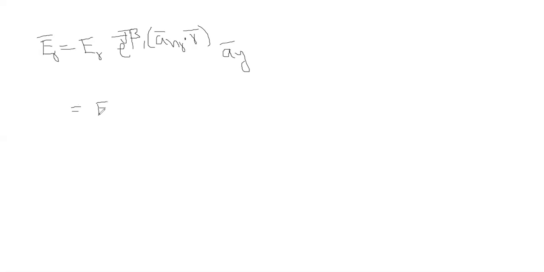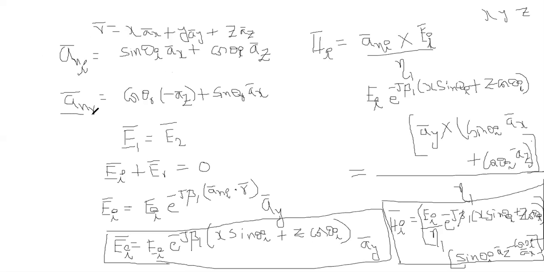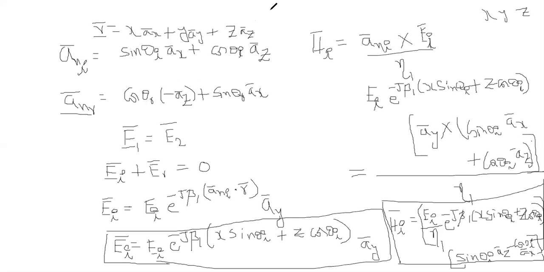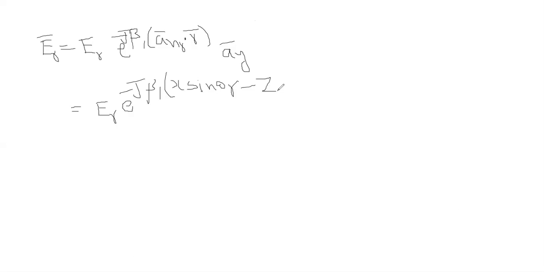ER into e power minus j beta 1, the dot product of these two, ANR bar and R bar. Sin theta R into X. So X into sin theta R. And AZ and Z, the dot product is 1, and the product is Z into cos theta R with a minus sign. So minus Z into cos theta R, into AY bar.